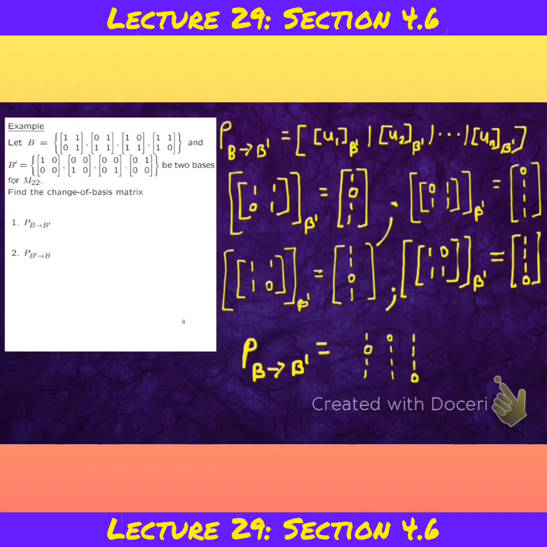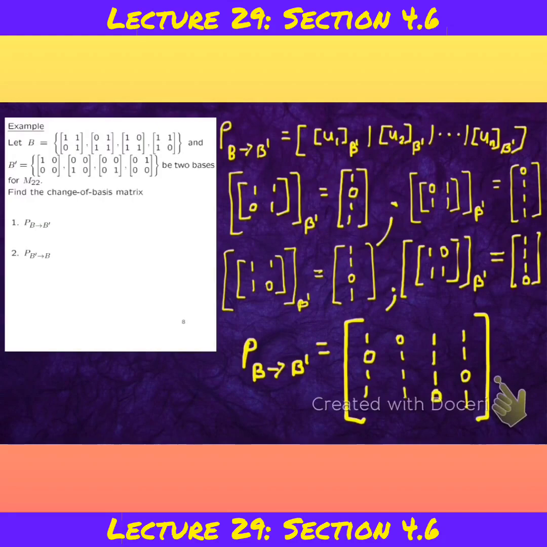So there's my third column, and my last column becomes that there. So my change of basis matrix then becomes that matrix there.